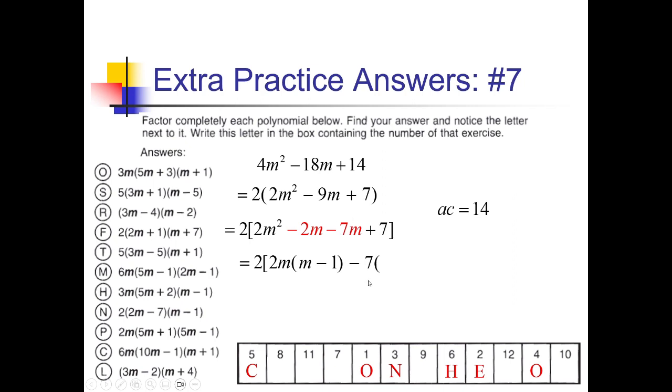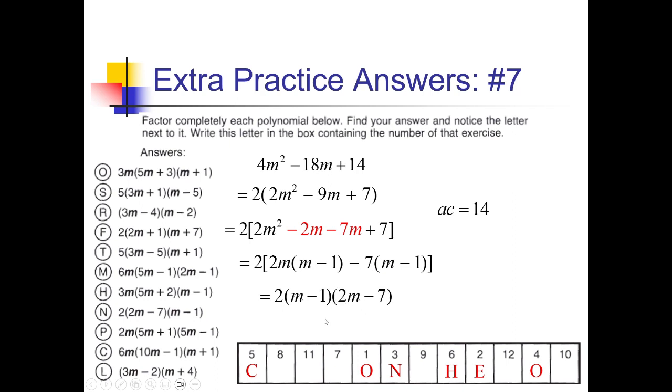So take out a -7, that leaves me with a positive m and a -1. Next up, I notice in here I've got this duplicate parentheses of m minus 1. So in addition to the 2 that I took out way in the beginning, I have a common factor of m minus 1 coming out of everything. And then that leaves my leftovers 2m minus 7 for my other parentheses.